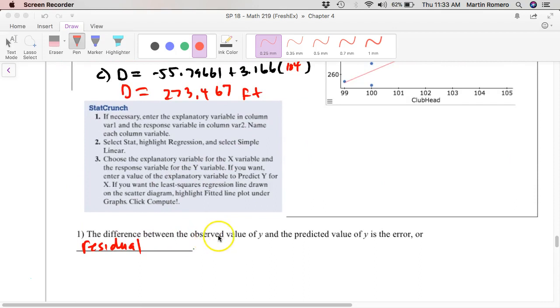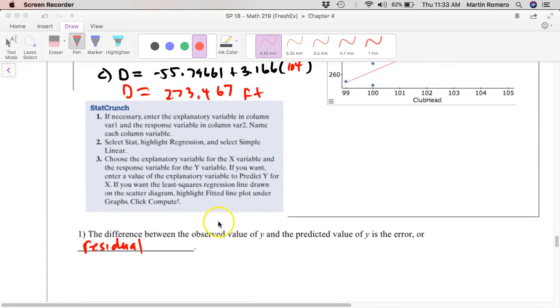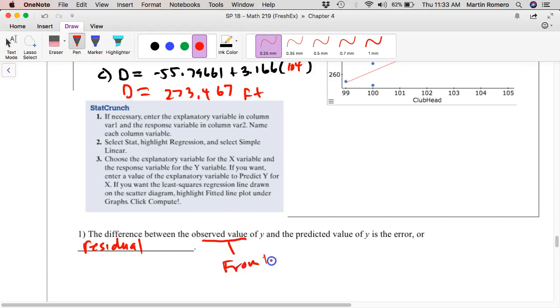The observed value is the value that you have in your table, and the predicted value comes from the regression equation. You look to see how close your prediction is, and that's your residual: the observed minus the predicted.